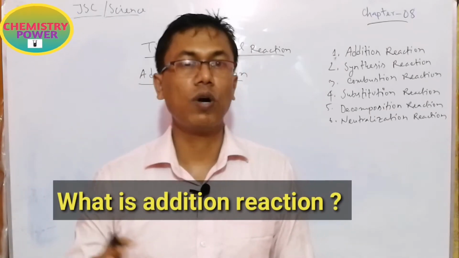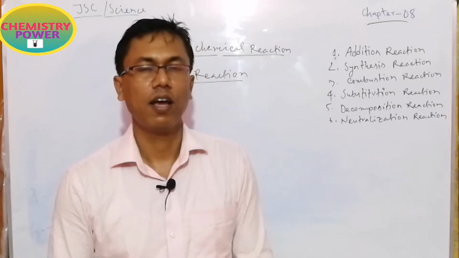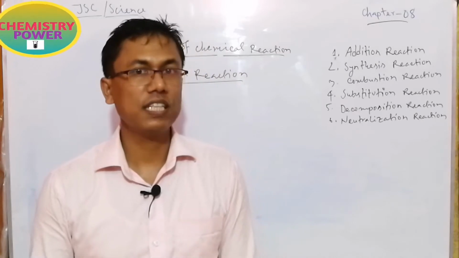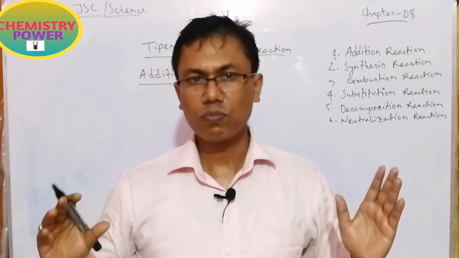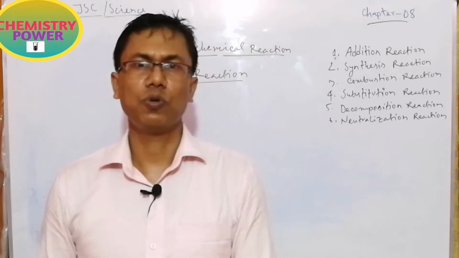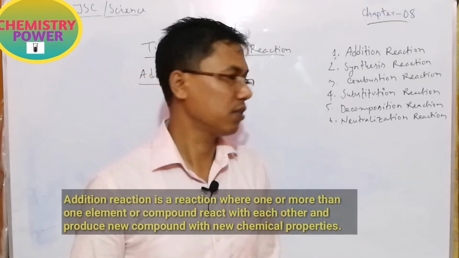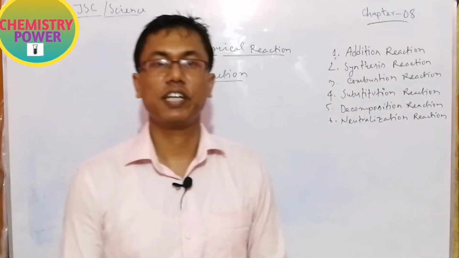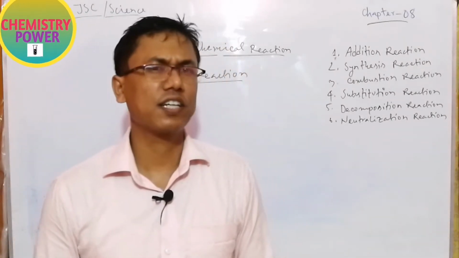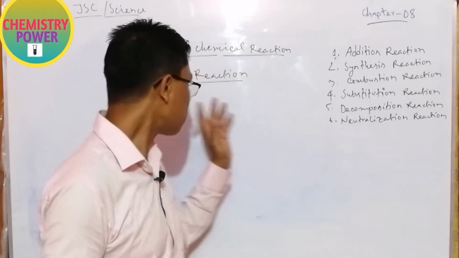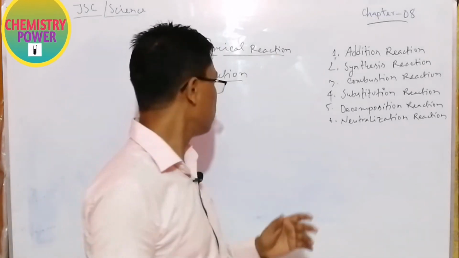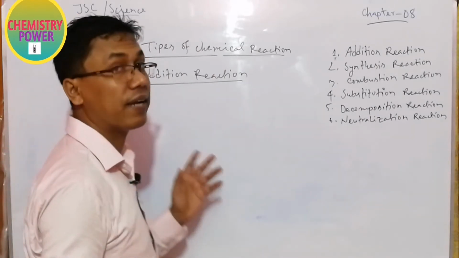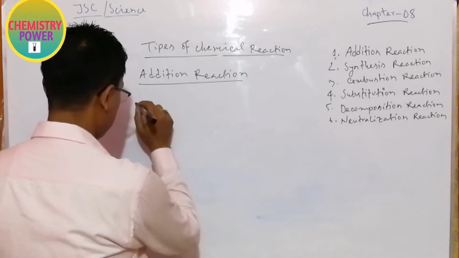Addition reaction is one kind of reaction where more than one element or compounds react with each other and then produce a new compound with new chemical properties. There are many examples for addition reactions. Generally most of the reactions are included as addition reactions. So we can see some examples for addition reaction.